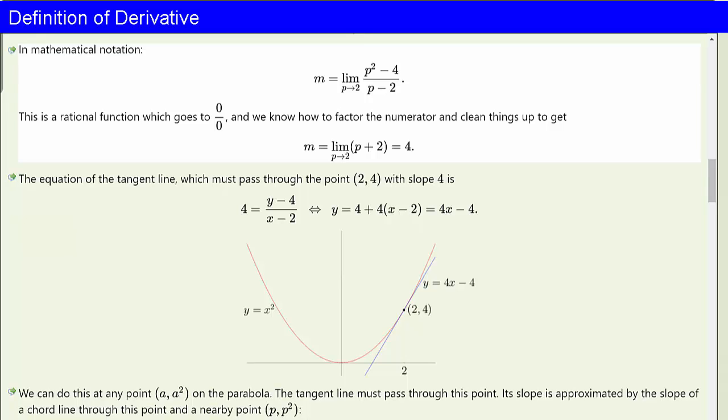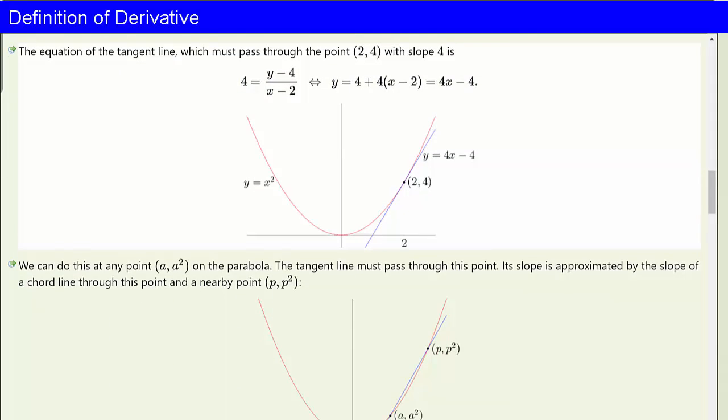And we know how to factor the numerator and clean things up to get that m equals the limit as P tends to 2 of P plus 2, which is just 4. Then the equation of the tangent line, which must pass through the point (2, 4) with slope 4, is given by 4 equals the ratio of y minus 4 to x minus 2, which is equivalent to y equals 4x minus 4.